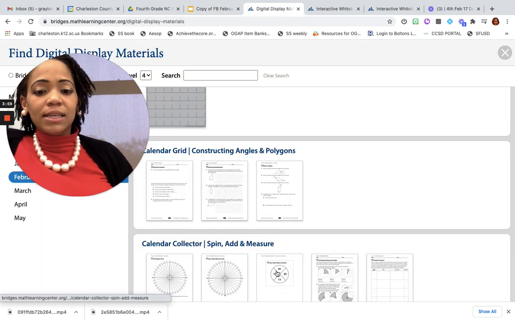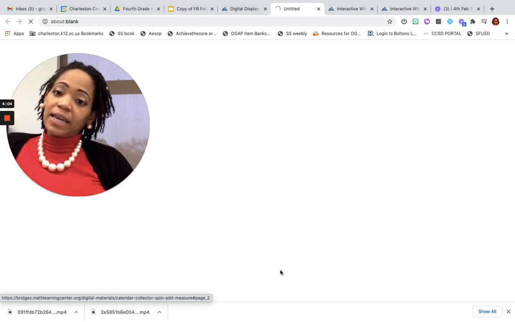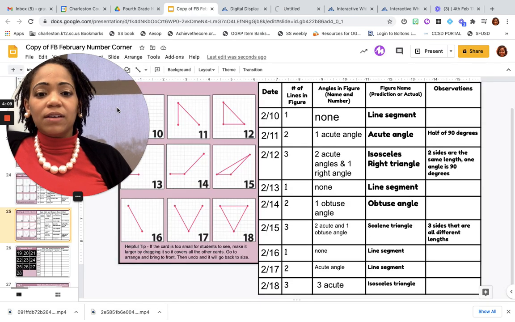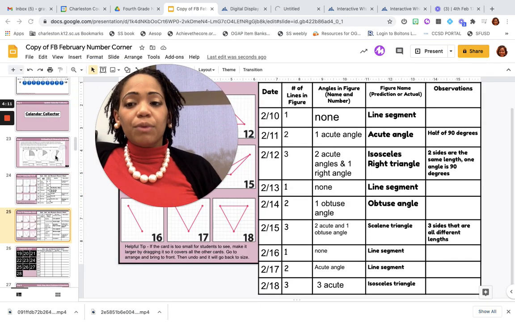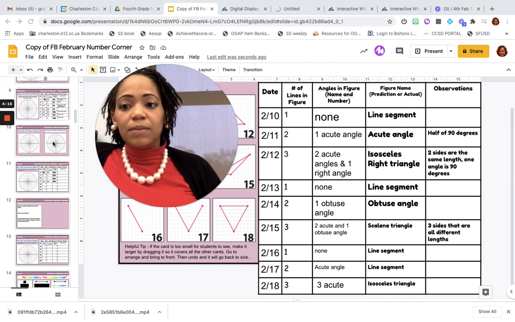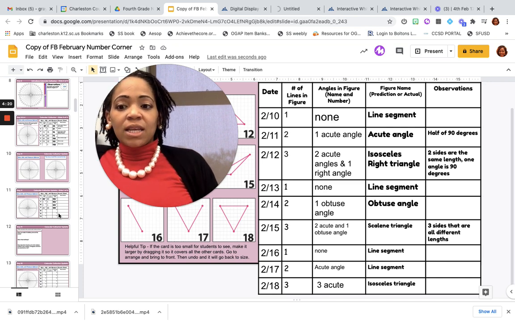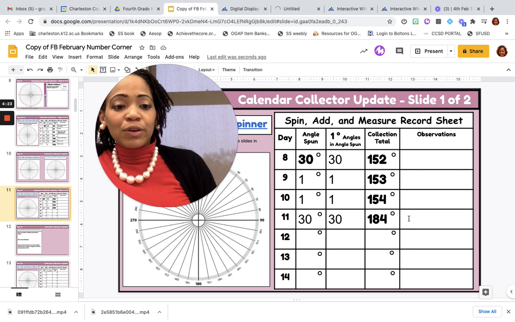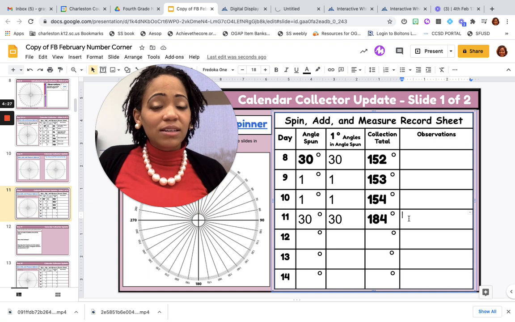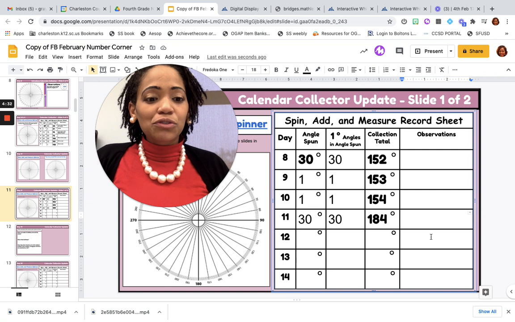All right, the last thing that I'll do before we look at our workbook page for today is update our calendar collector. So like I said, yesterday I made the mistake of saying we had 153 degrees, but we actually had 154, and then we added 30 degrees to that. So here's where we stand right now. Right now we are at 184 degrees, which is close to a straight angle.